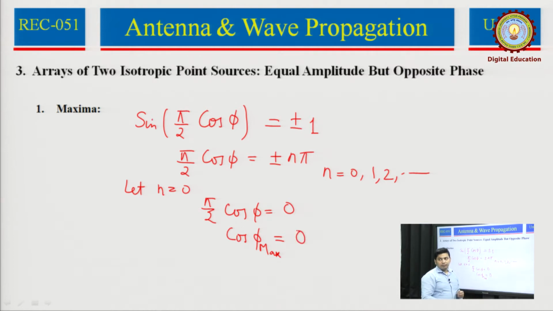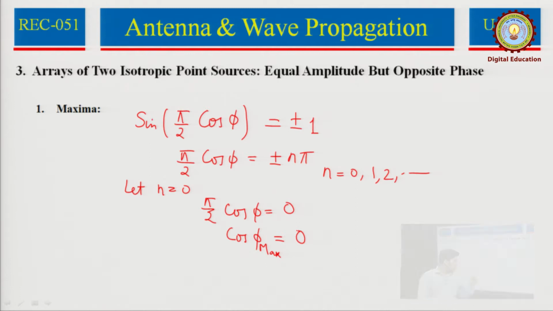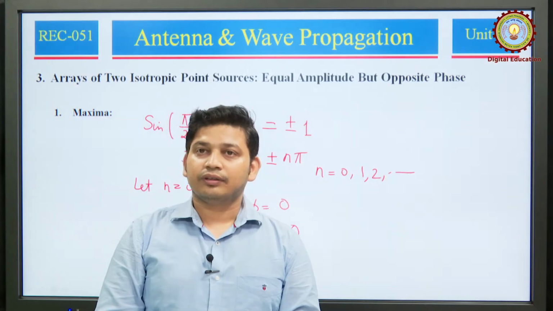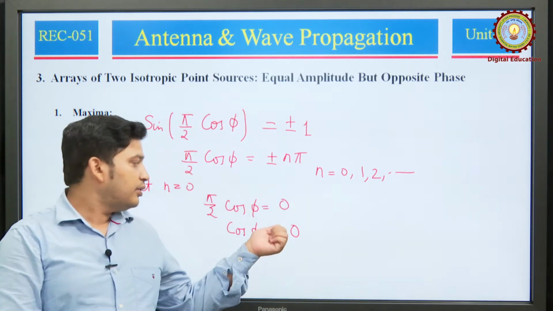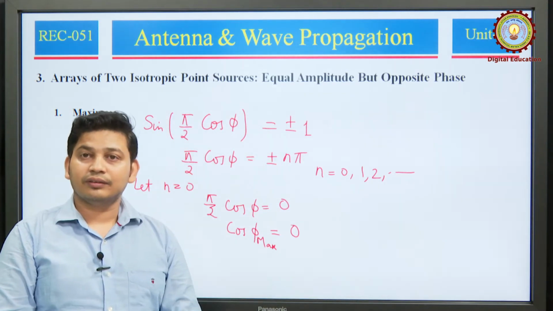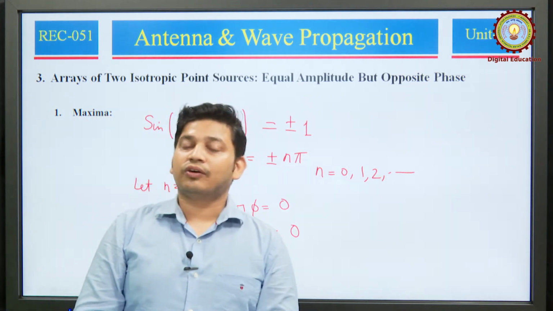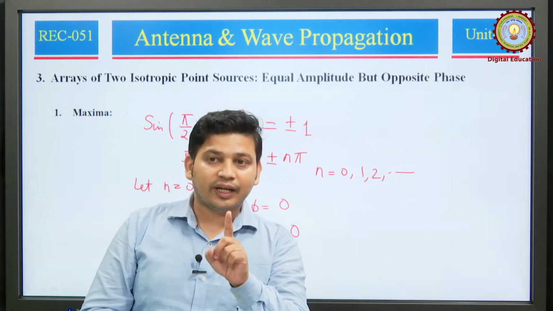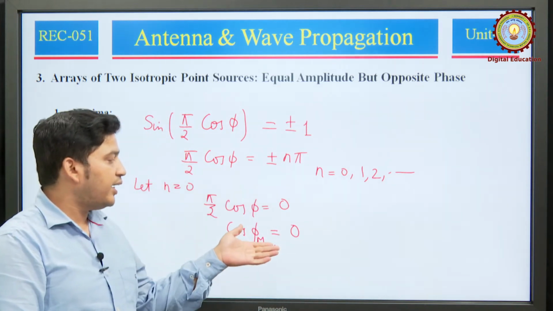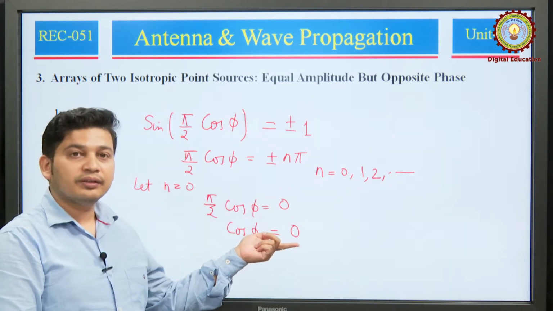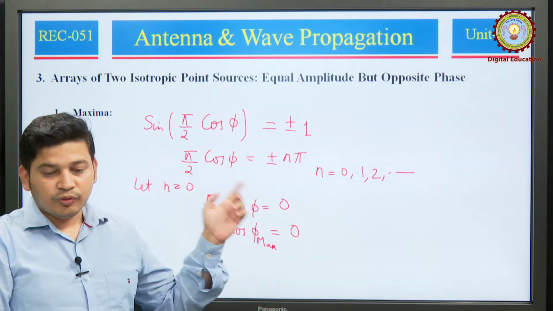Now, when is the cosine function 0? Just recall it, you know the answer: cos 0 is 1 and cos 90 is 0. So, this way you understand what the maxima point is.